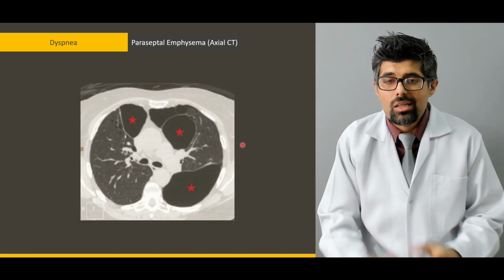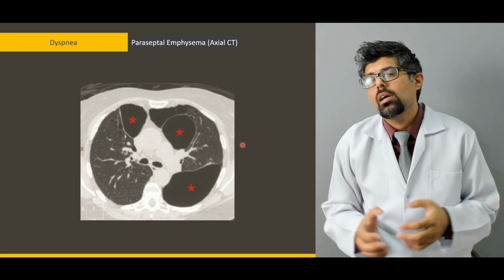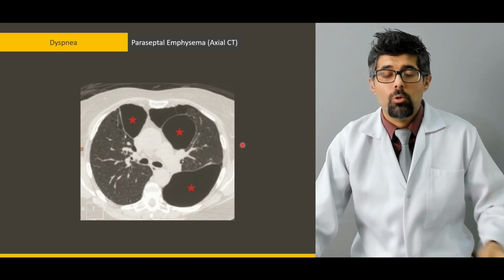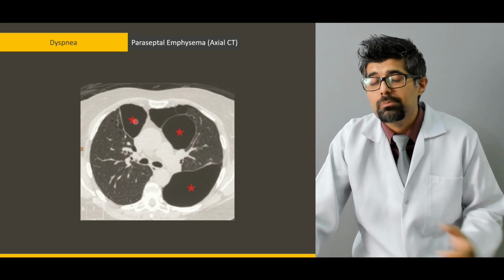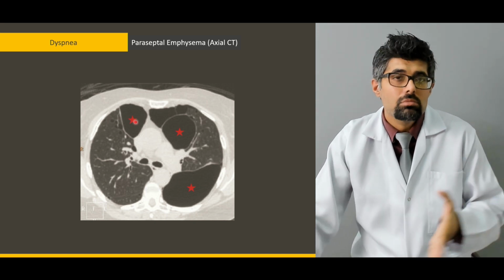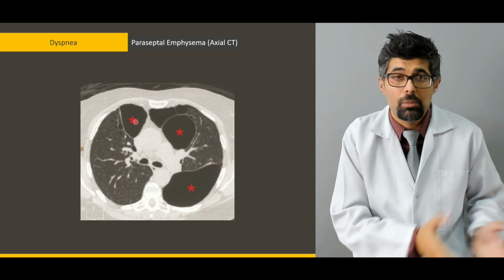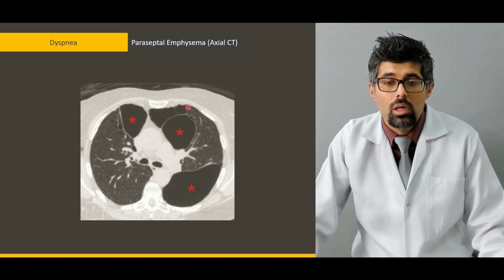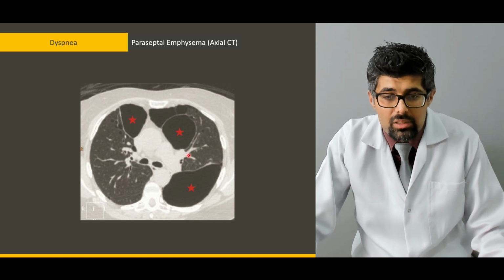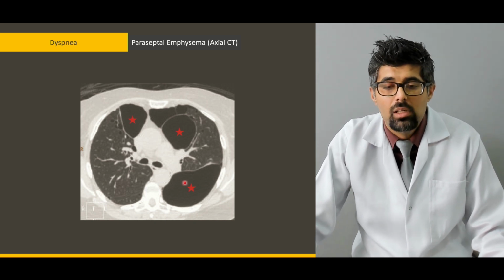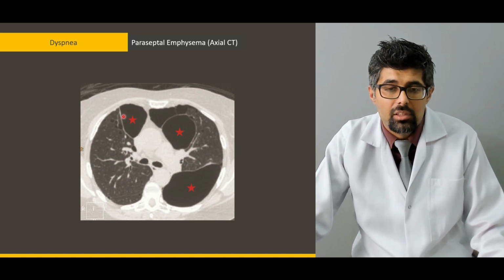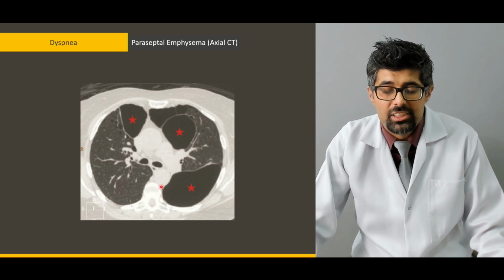Now, another type of emphysema is what we call paraseptal emphysema. Now, paraseptal emphysema is a special type where it can be due to subpleural bulla. It can be due to paraseptal, where there are multiple air pockets inside the lung, and this is called paraseptal emphysema.